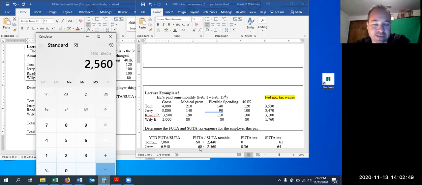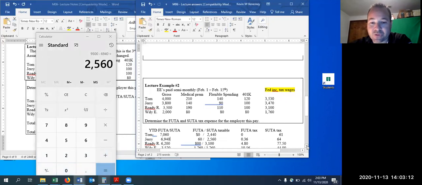And then all I did is took the $60, and you didn't even have to do this over here. This part here and this part here wasn't even on your sheet. This is just my calculations. You could have just added these all up, the FUTA side, 0 plus the 60 plus the other 2, and then multiplied that by the rate, and that would be perfectly acceptable.